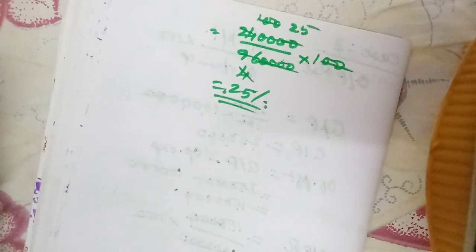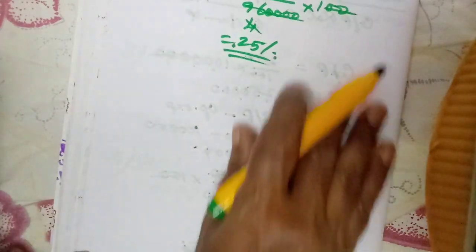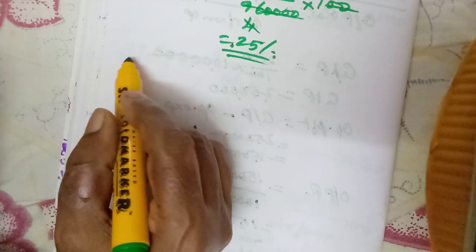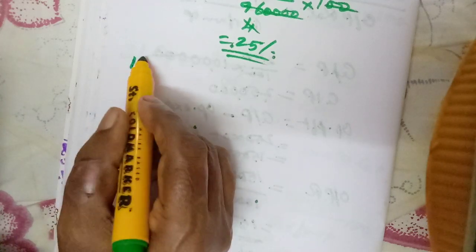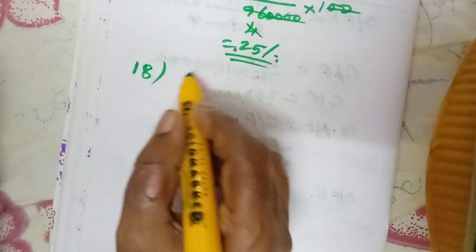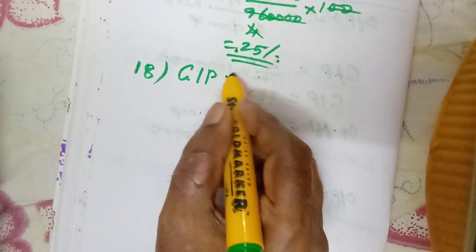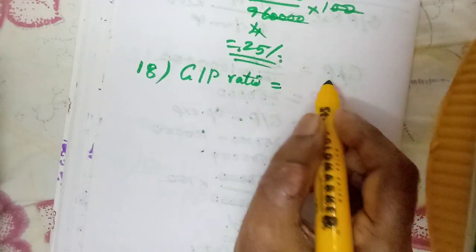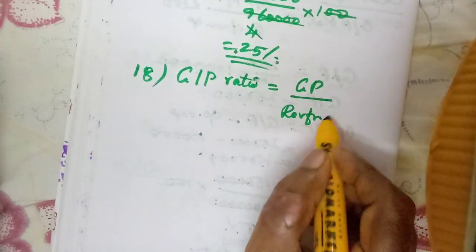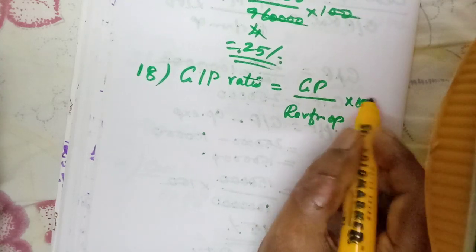Shall we see that one? Okay, 18th exercise we will do. First one, gross profit ratio. Gross profit divided by revenue from operation into 100.